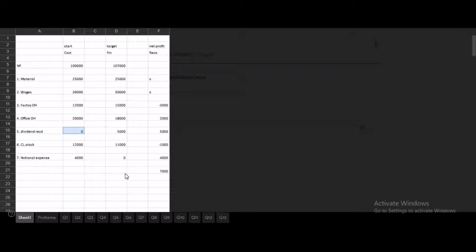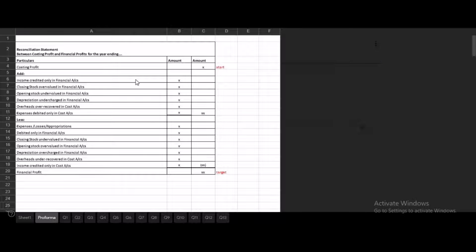The notional expense is 4,000 in cost accounting and 0 in financial accounting, so the notional expense difference is 4,000. Adding the differences together: 2 plus 5 is 7, 7 plus 4 is 11, 11 minus 3,000 plus 4,000, 7,000 is the remaining. This is how we find the difference in the reconciliation statement between the cost profit and the financial profit for the year ending.